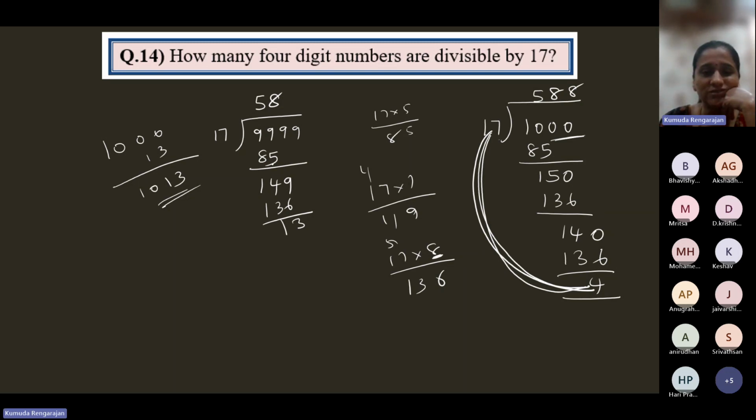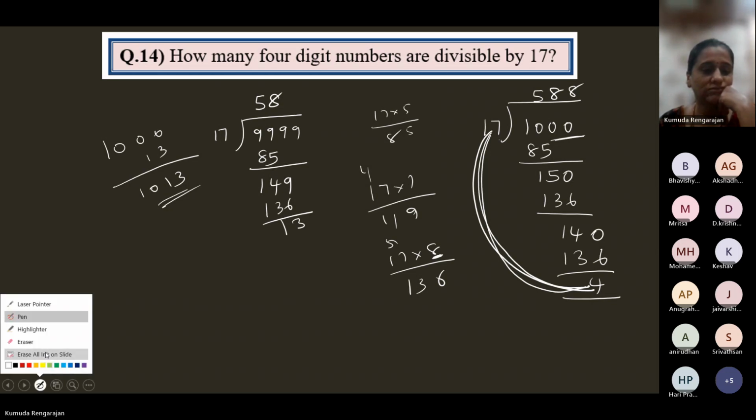Am I dividing it correctly? 17 5s are 85. Oh, here I've gone wrong with the division. Sorry. What I explained is right, but I think I've taken an extra 0 here.